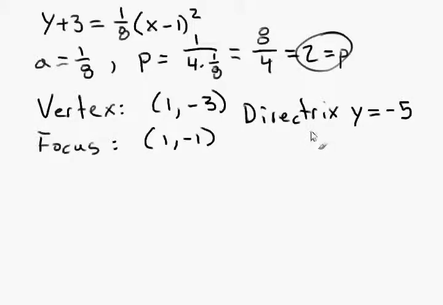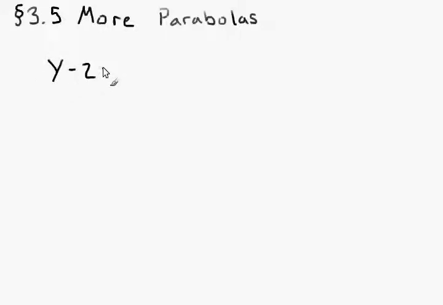Now, this add p, subtract p works even if p is negative. So y minus 2 is equal to negative 1 over 2 times x plus 3 squared.